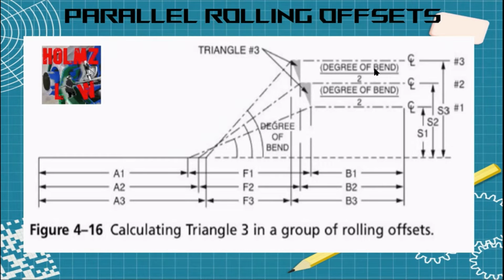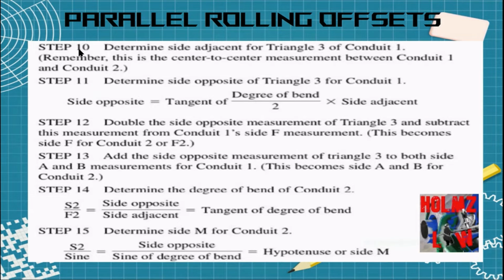You're going to take half of the degree of bend and multiply that by the spacing you originally started with. And we're on step 10 here.